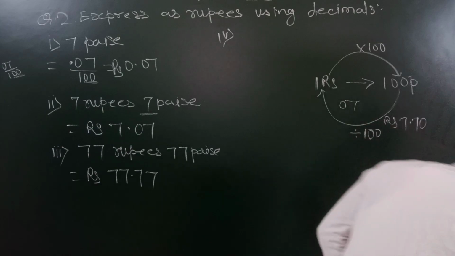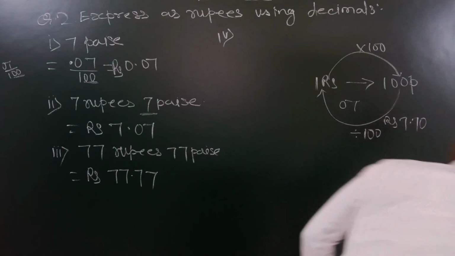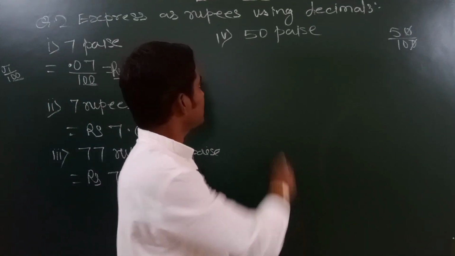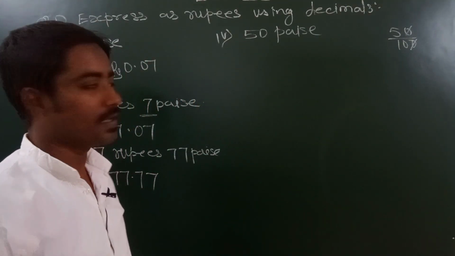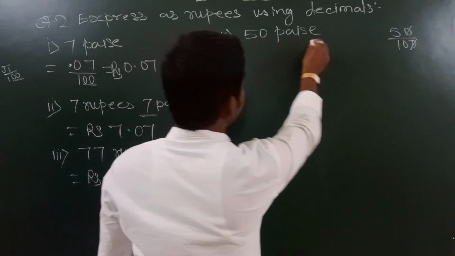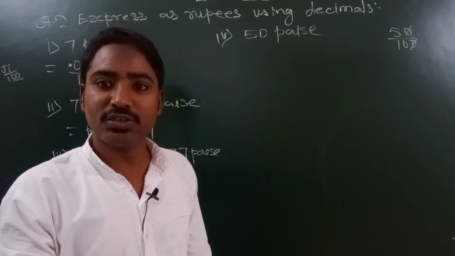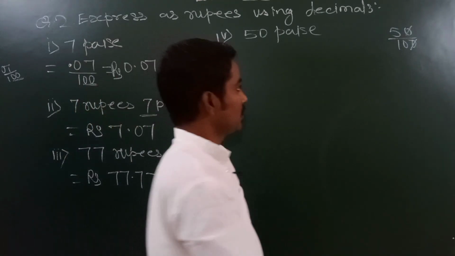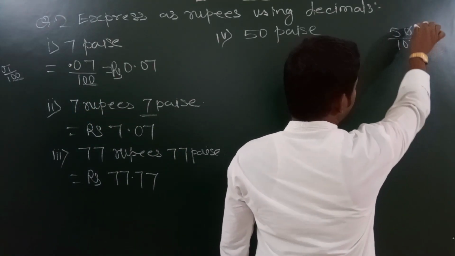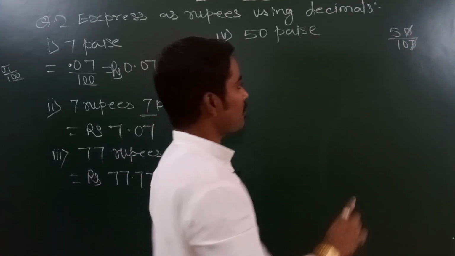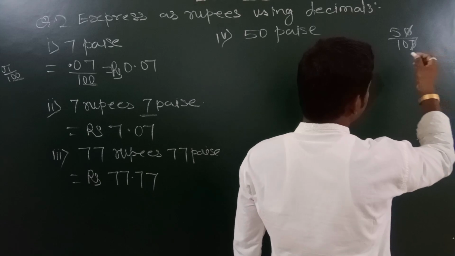Now moving to the next segment, segment number 4. I am going to rub this out so that I will get more space. The fourth segment has been given as 50 paise. Now you have to convert it into rupees. As I told you, we will divide it by 100. When you divide 50 by 100, this 0 and this 0 will cancel each other. Or you can simply convert it into decimal.